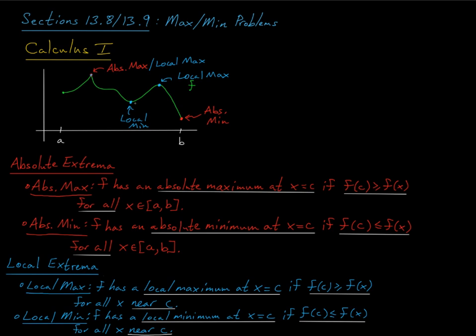So we refer to this point as a local minimum of the graph. This point, likewise, would be a local maximum. That's the largest y-coordinate in this little neighborhood around this point's x-coordinate.